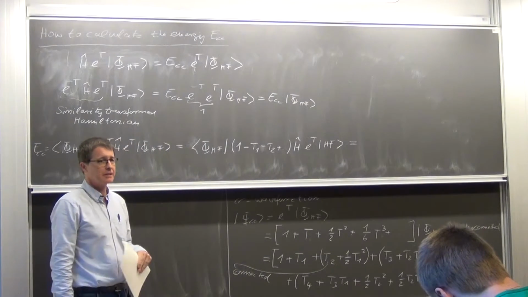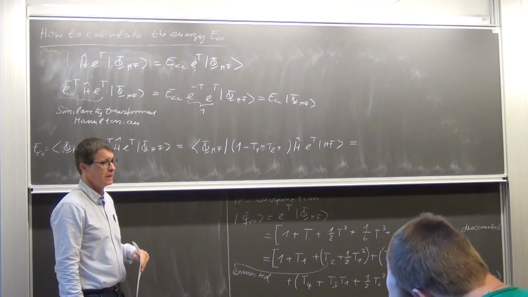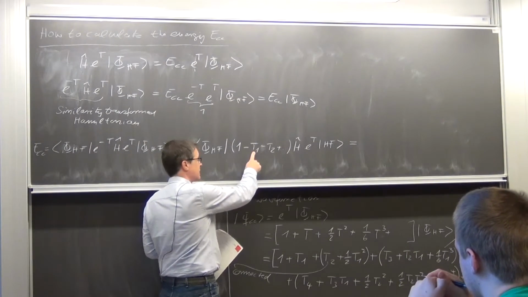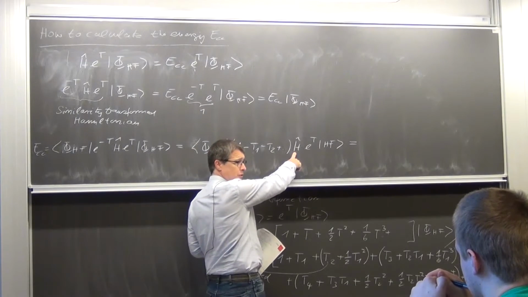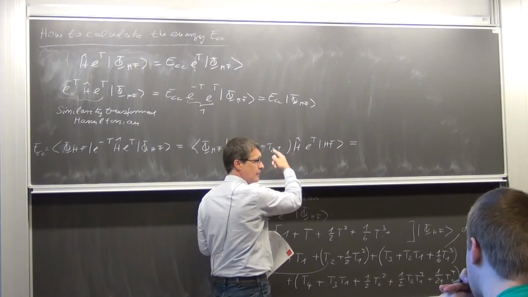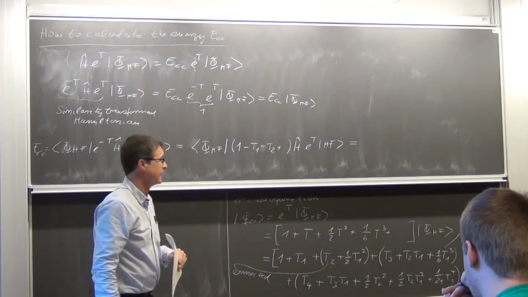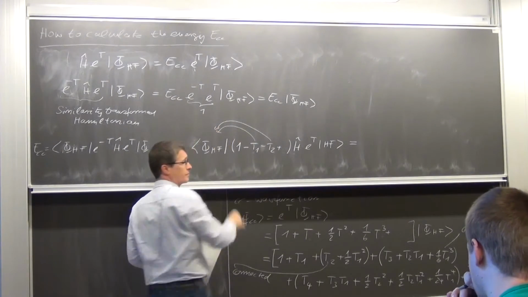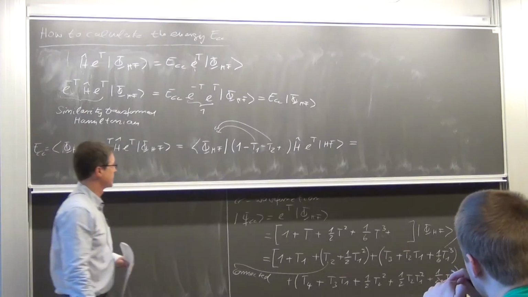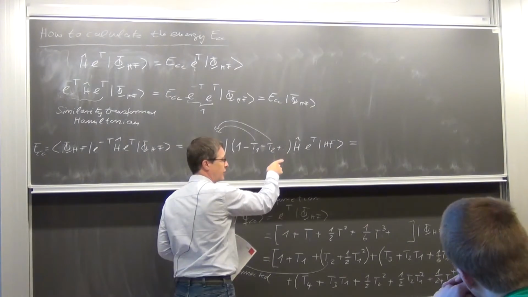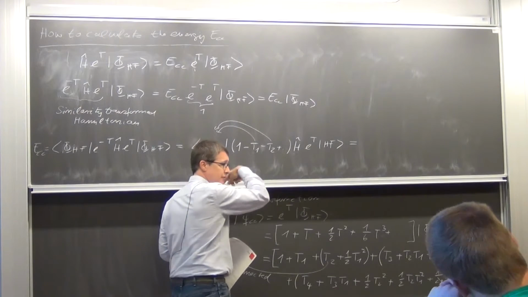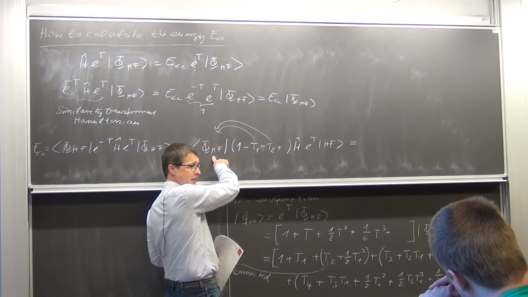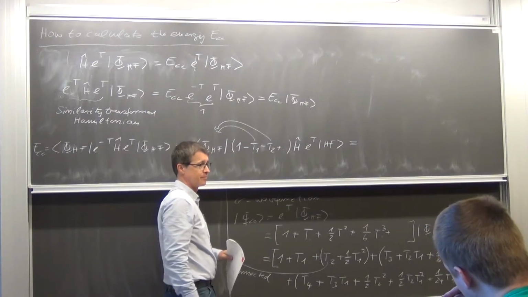Now, as we discussed before, since I don't know what they're going to do to the Hamiltonian, I have to let them act to the left. And we discussed before, if an excitation operator acts to the left, that is the adjoint of the excitation operator acting on this, and that's a de-excitation.